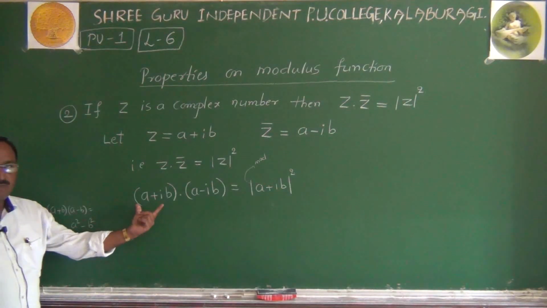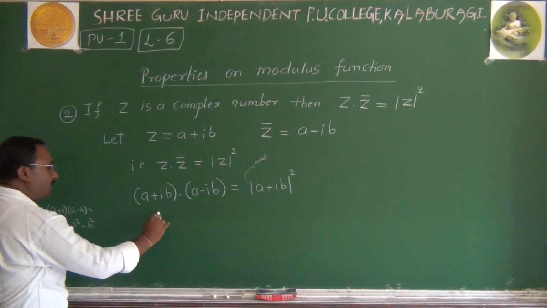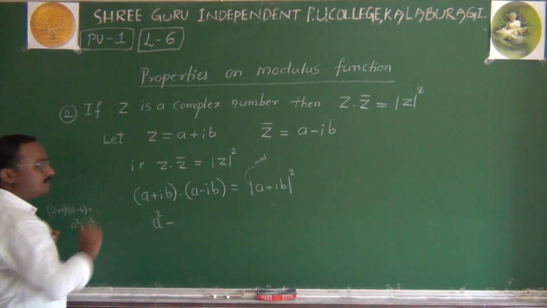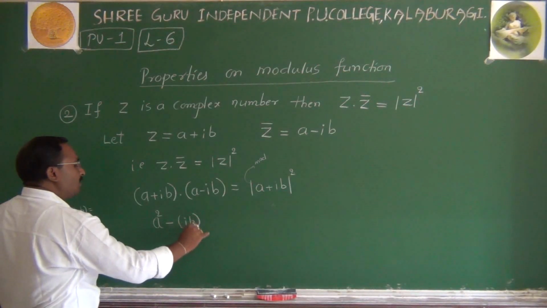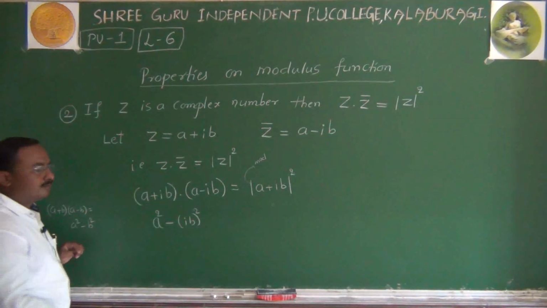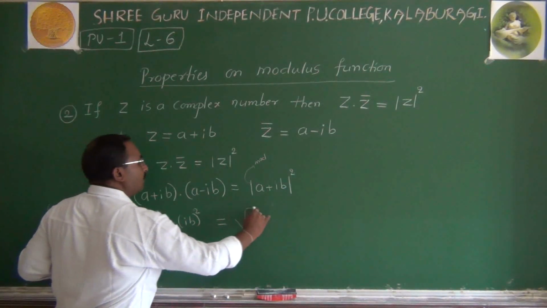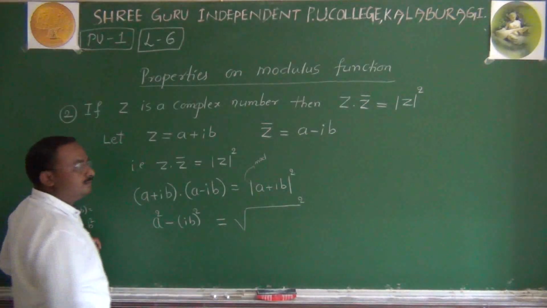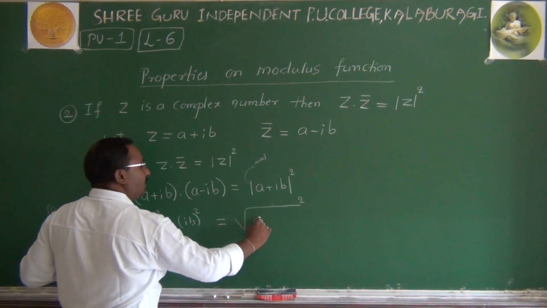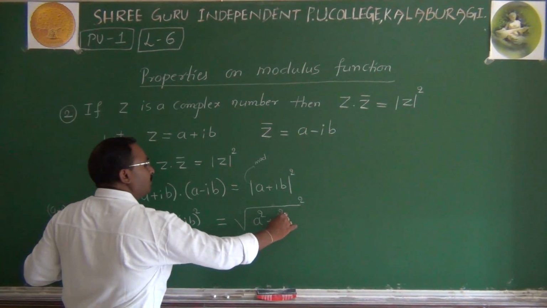That is the formula. So A square minus i square B square is equal to, by the modulus definition, the square root of real part square plus imaginary part square.